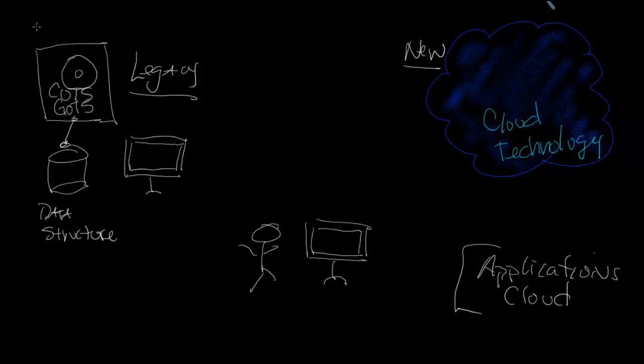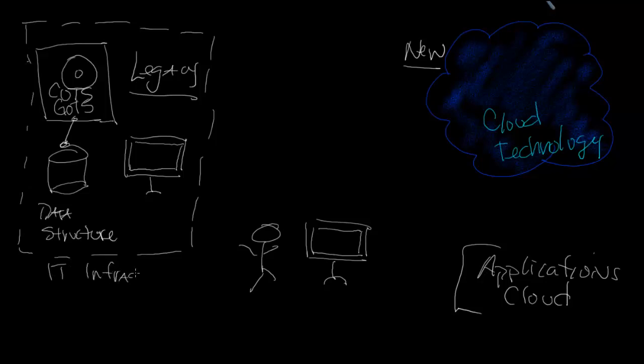Today, it operates within an IT infrastructure, wherever that is, most likely inside of your environment. So we have to make sure we understand all of these variables when we talk about applications within a cloud environment.